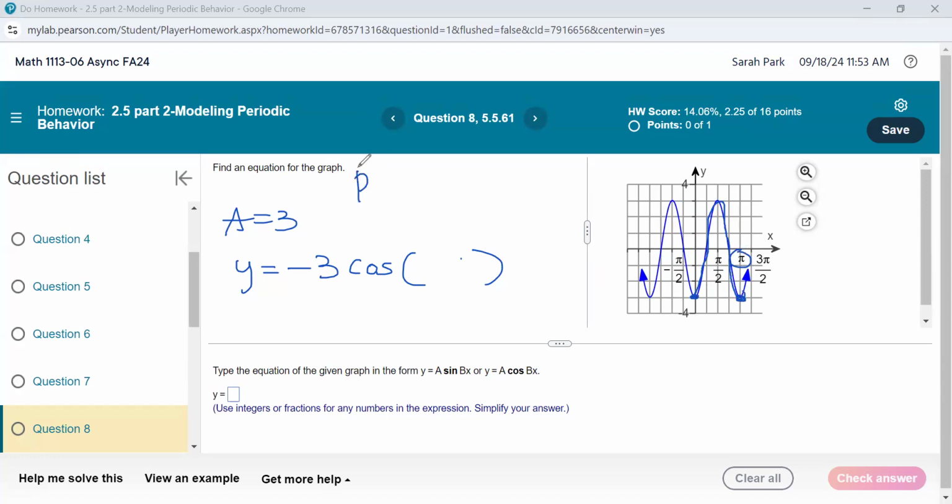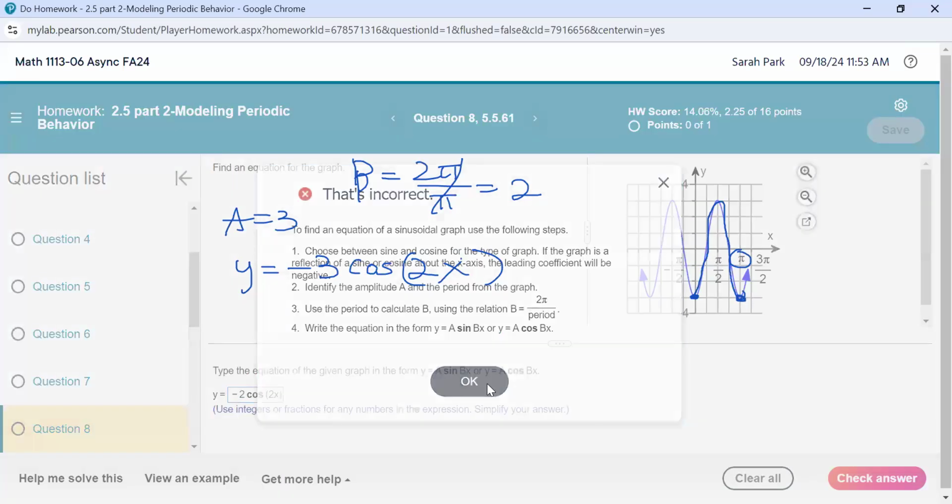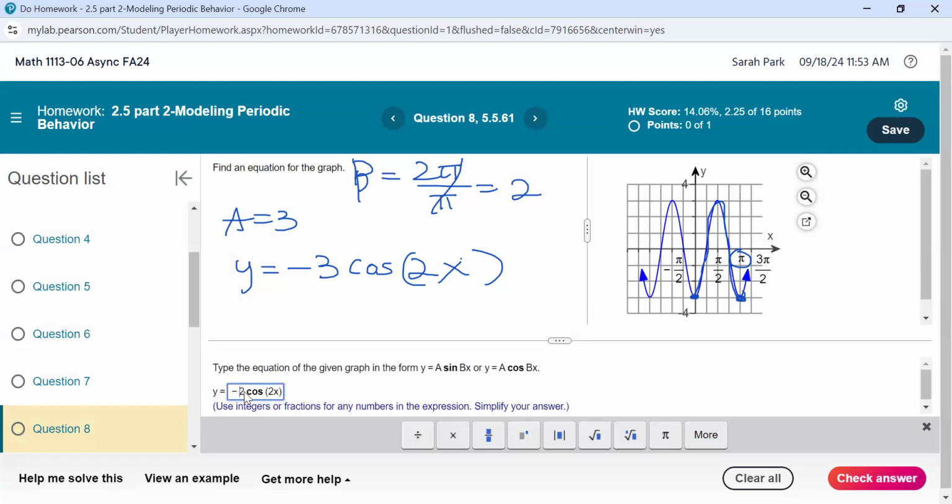So b is equal to 2 pi over the period, and then it's just 2. So this is going to be y equals -3 cosine of 2x. Okay, I must have gotten this wrong. Let's see what I did wrong. Ah, I typed the 2.